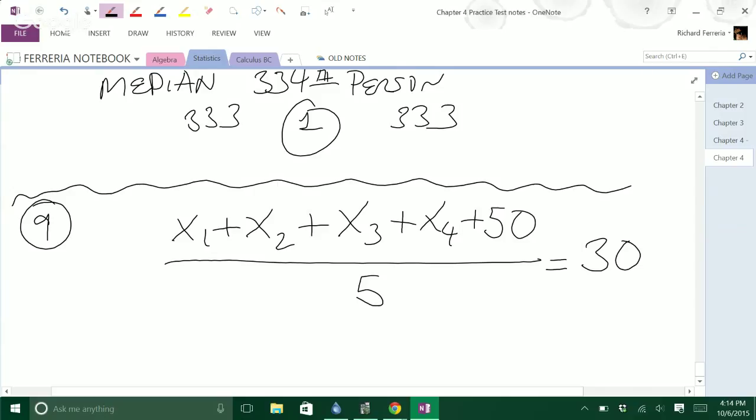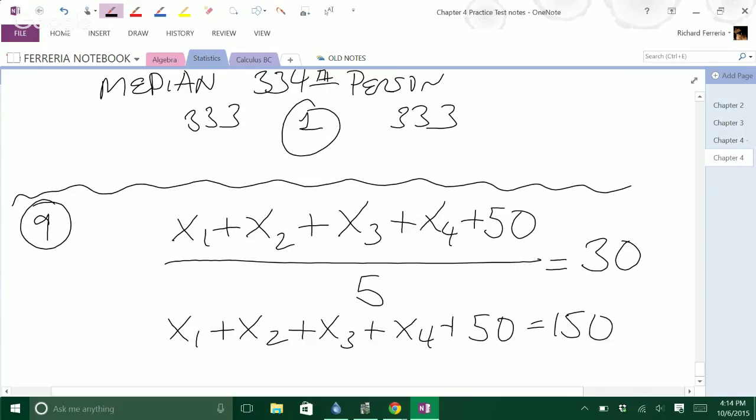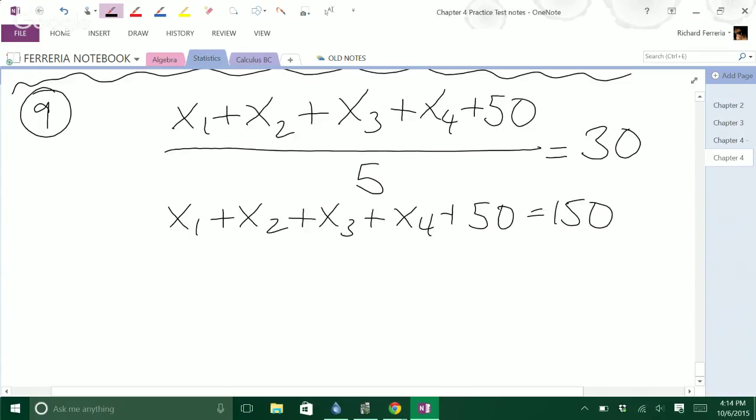Mathematically speaking, x1 plus x2 plus x3 plus x4 plus 50 is equal to 150. Or x1 plus x2 plus x3 plus x4 is equal to 100.